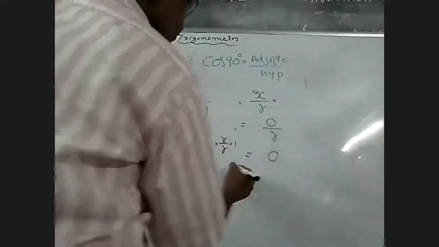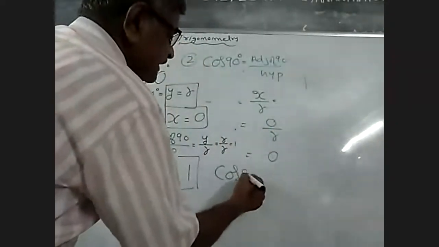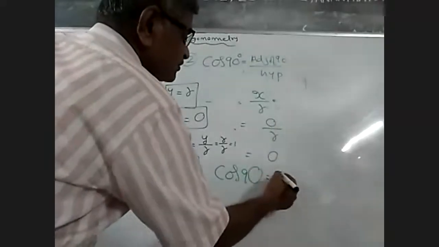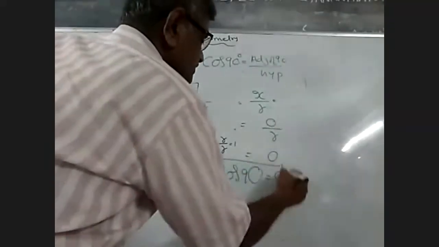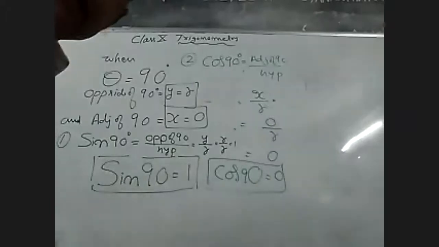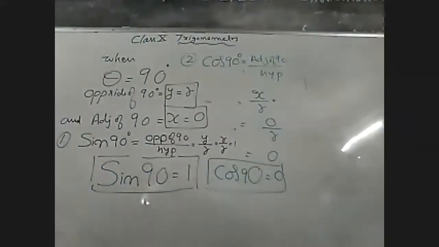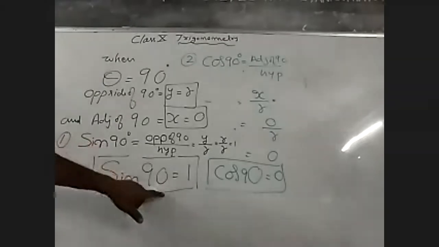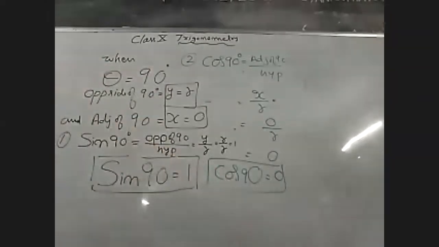Therefore, cos 90 is equal to 0. Write down in your notebook: cos 90 is equal to 0. So, sin 90 is equal to 1 and cos 90 is equal to 0. Take 1 minute and finish writing.